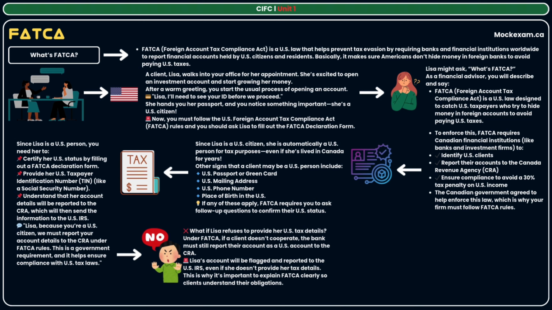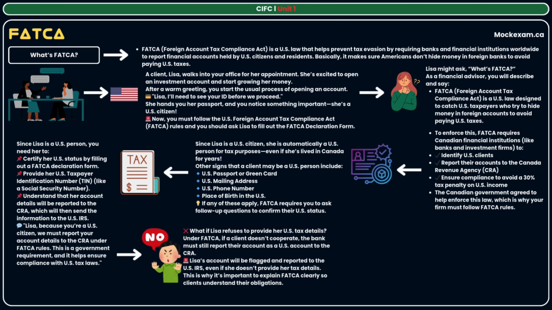Under FATCA, if a client doesn't cooperate, the bank or any financial institution must still report their account as a US account to the CRA. It doesn't matter if Lisa cooperates or not. You have to report that to the CRA, okay?